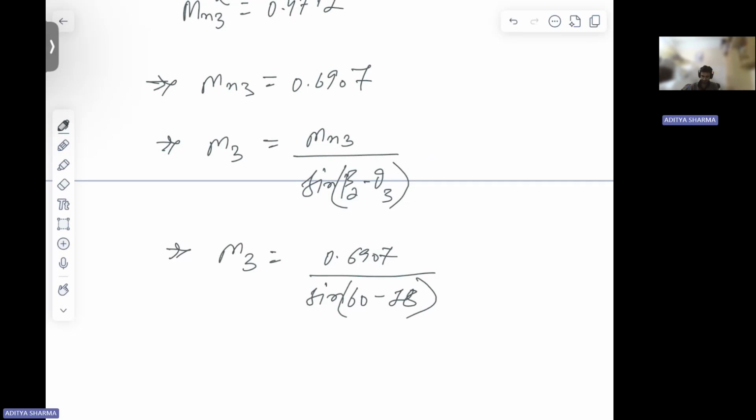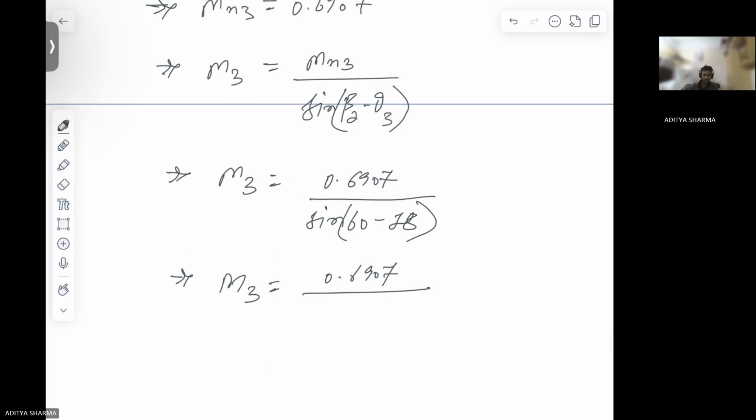So 18, and this then becomes 0.6907 divided by sine of 42 degrees.